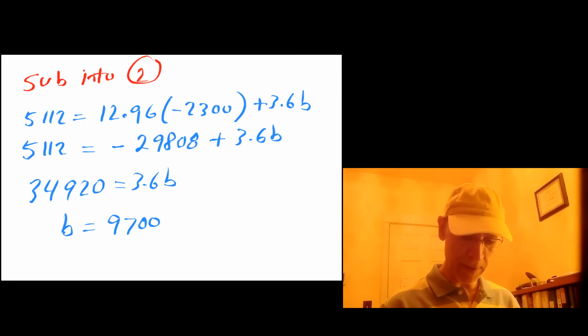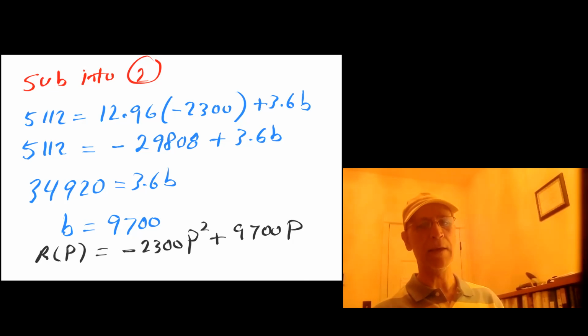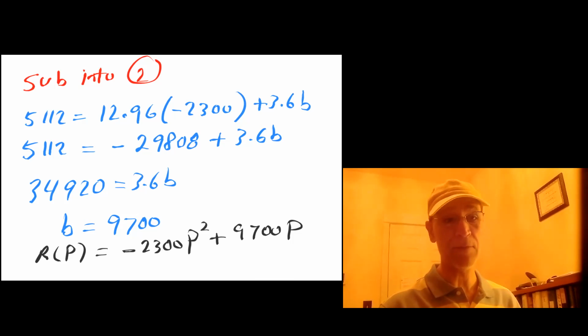So my final answer is revenue as a function of price equals negative 2300 p to the second plus 9700p. Okay, I hope you find this helpful. Thank you.